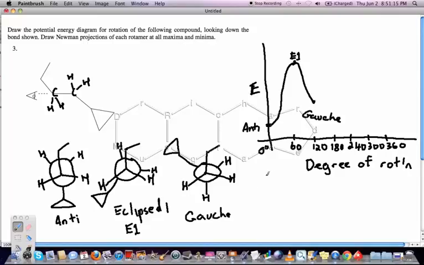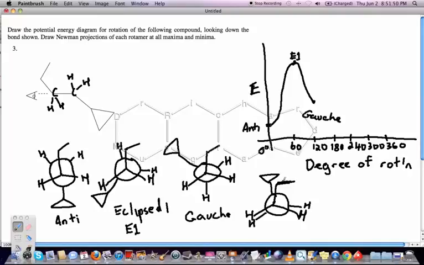Okay, now we're going to take it around another 60 degrees. I'll do this one down here a little bit. And again, we leave the front the same. And now we're going to put the cyclopropyl group here, put the hydrogen here, and put the other hydrogen down here.